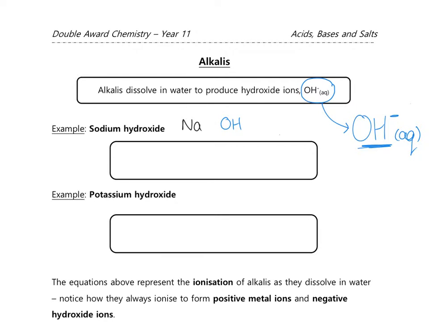Don't worry about the charge for now, that comes into play later on. We now need to work out our valencies. So sodium is in group 1, so it has a valency of 1. And hydroxide has a charge of minus, so therefore it also has a valency of 1. When we swap and drop them, we'll end up ignoring our 1s. So our formula of sodium hydroxide is NaOH.